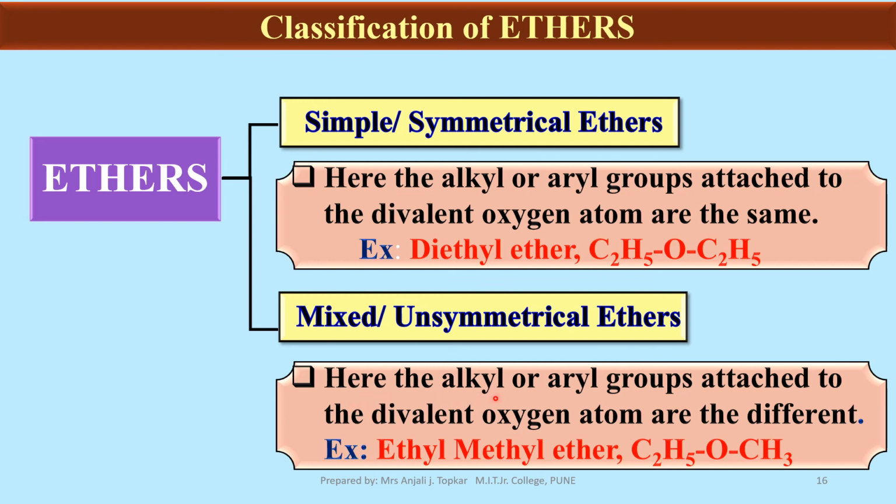Here the alkyl or aryl groups attached to the divalent oxygen atom are different. As we can see here in the example, the divalent oxygen atom on either side is bonded to two different alkyl groups. Here one is ethyl group and another is methyl group.